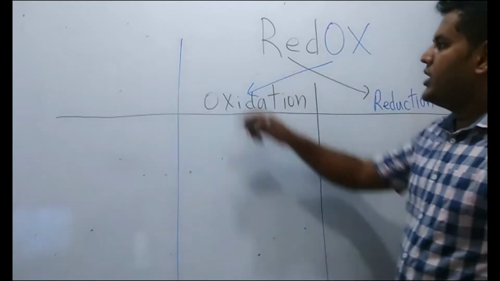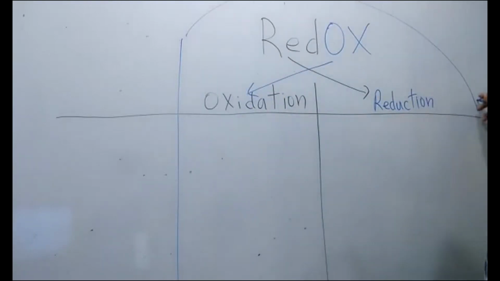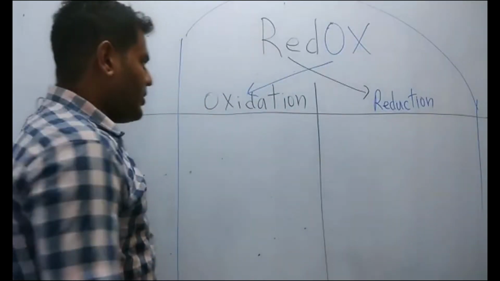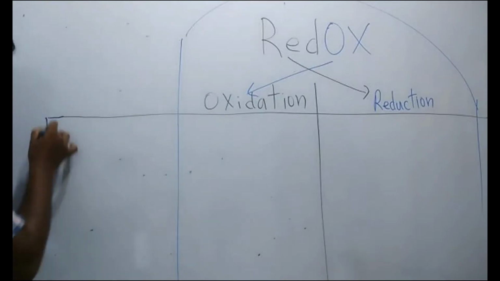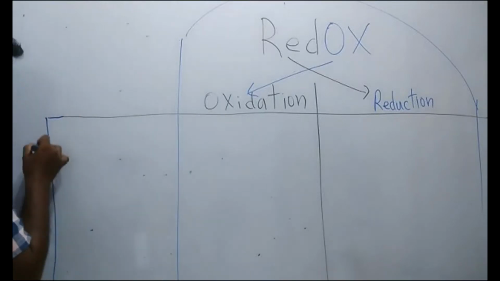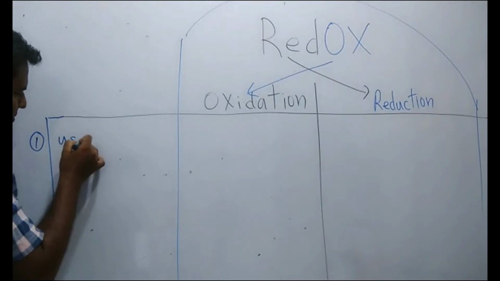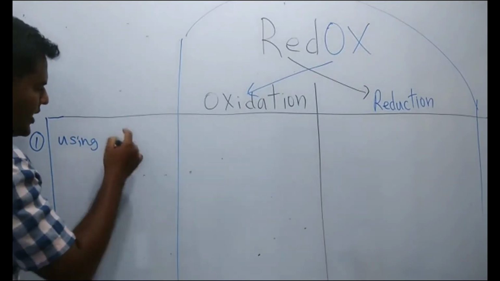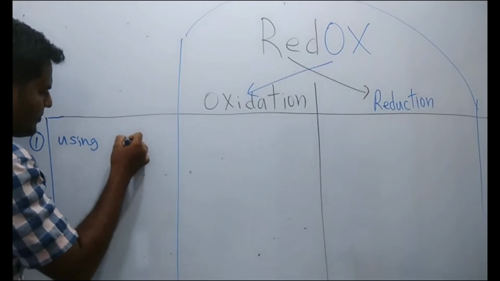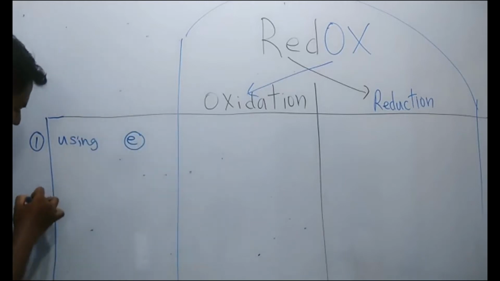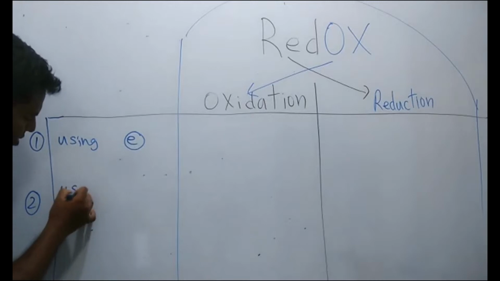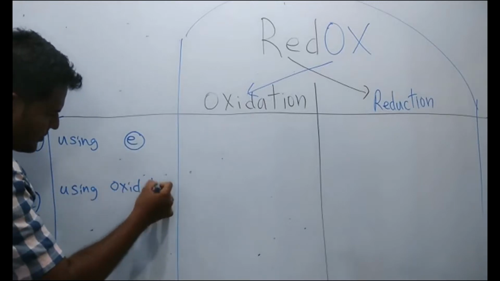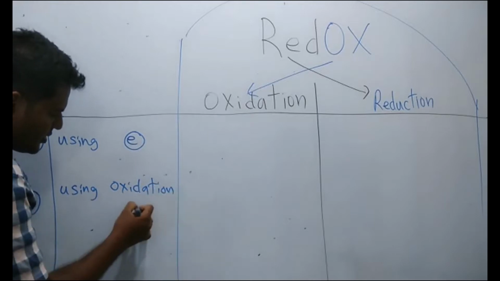What are the definitions for this? Right? So actually when we are defining redox, we use four stages. Number one, using electrons. Number two, using oxidation number.